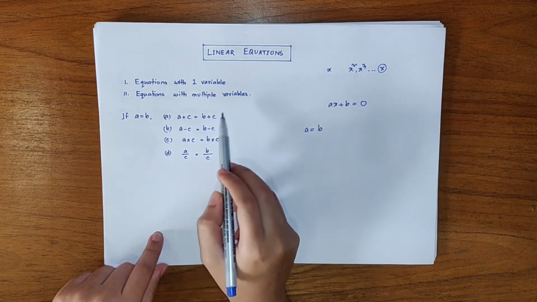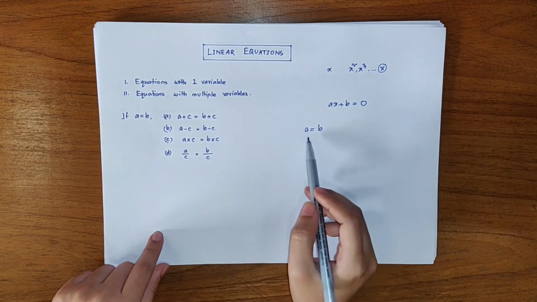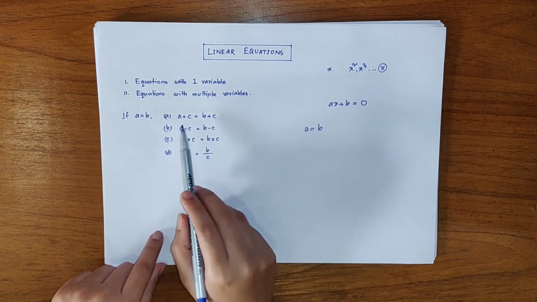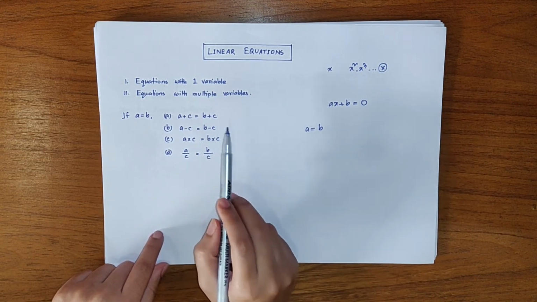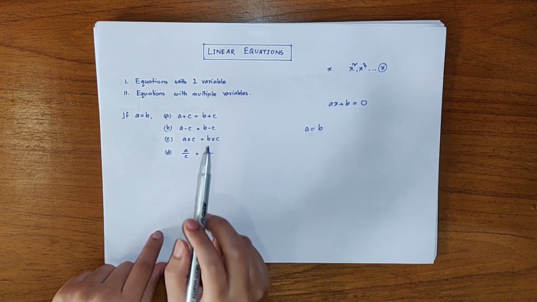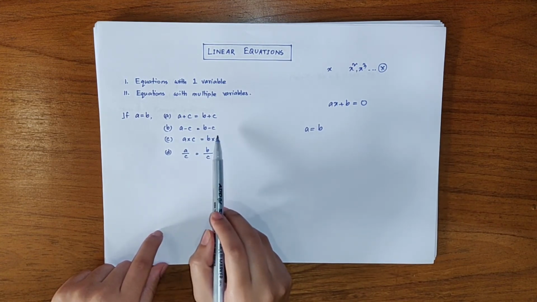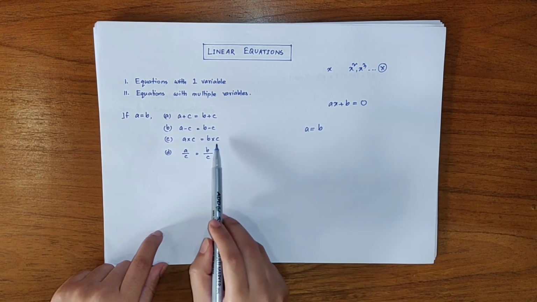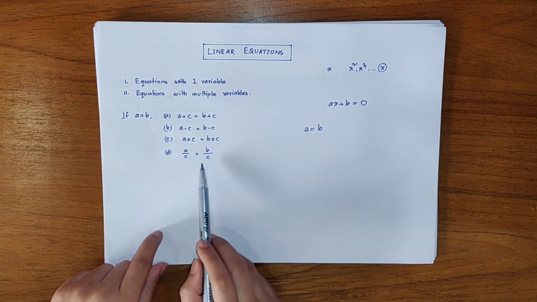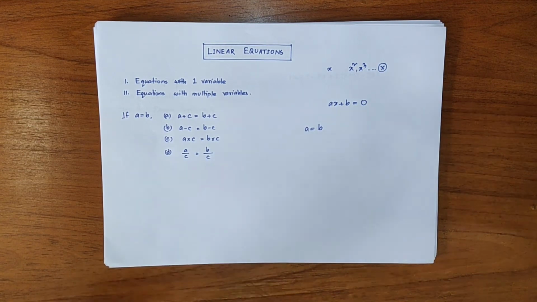Let's say c is a non-zero number. So if a is equal to b, you can write a plus c is equal to b plus c and the equation will remain unchanged. Similarly, a minus c is equal to b minus c, ac is equal to bc, and a by c is equal to b by c.